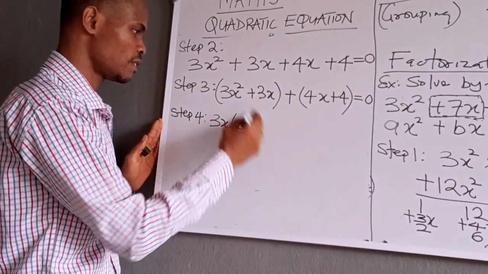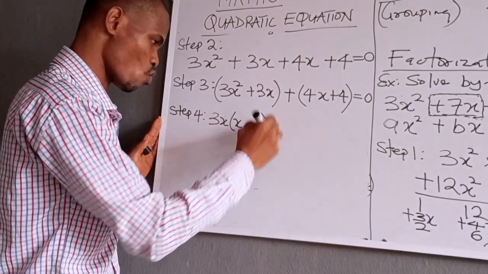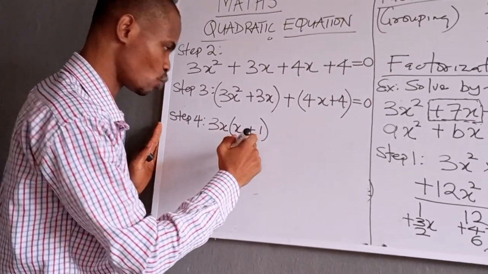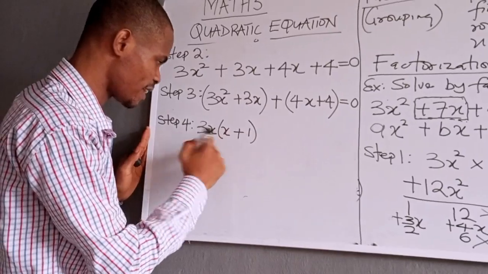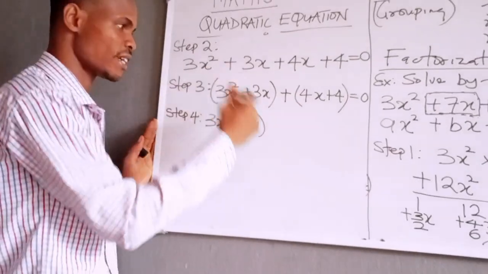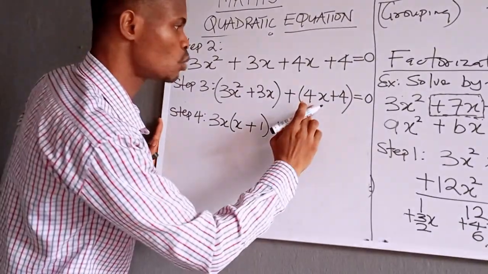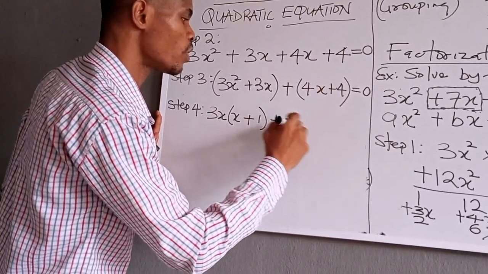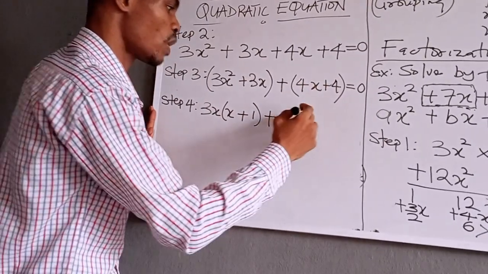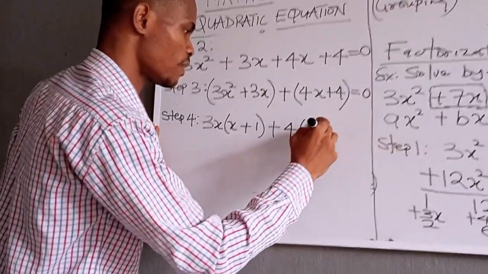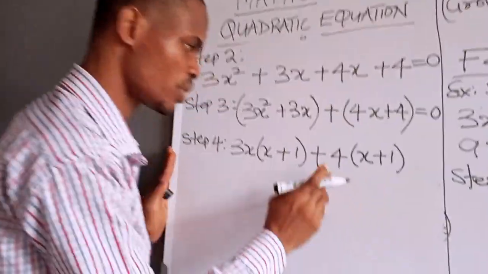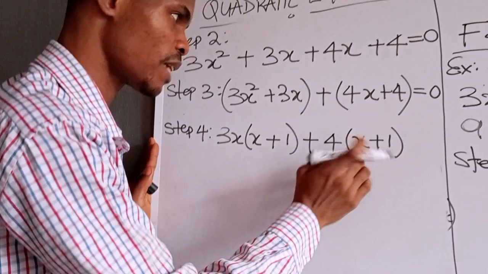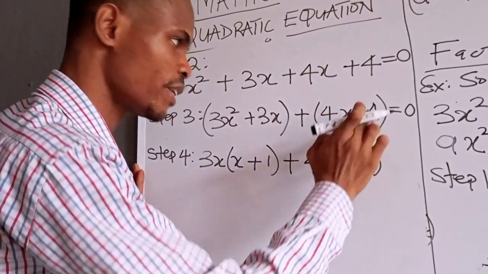X will be left, plus 1, because 3x times 1 gives me 3x. 3x times x gives me 3x squared. I have a plus here. Between these two, 4 is a common factor. So I bring out 4 and then I also have x plus 1. So that 4 times x is 4x, then 4 times 1 is 4.